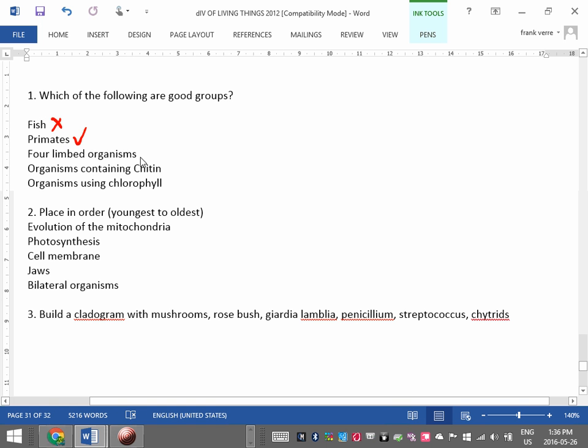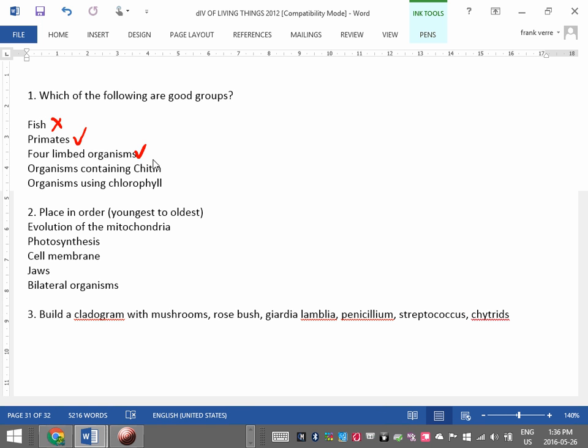Yes, it is. What about organisms containing the material chitin? I don't even know what that is. Aha! So you obviously didn't watch the fungi PowerPoint presentation. Chitin is a material in the cell walls of fungi, but it's also found in the external skeleton of animals, such as lobster, crayfish, insects.